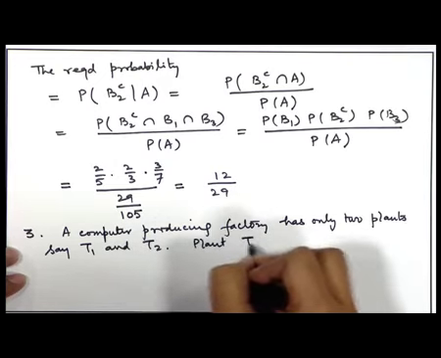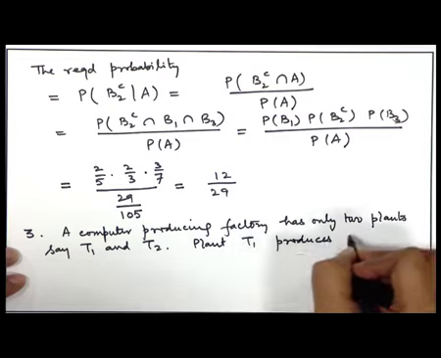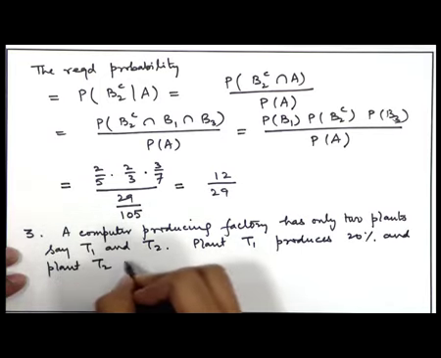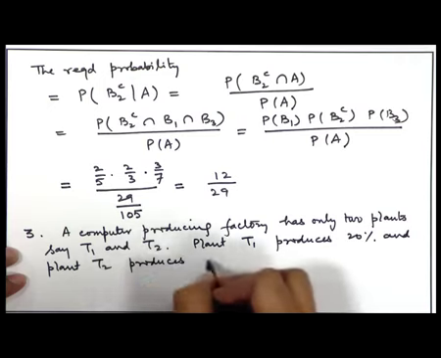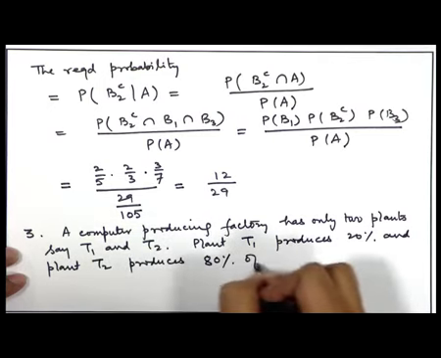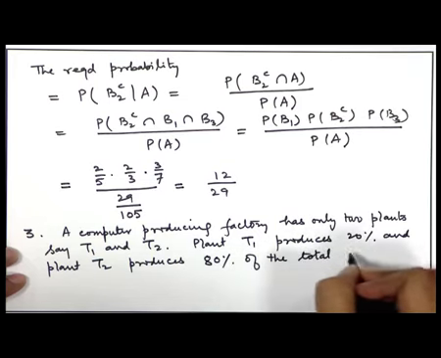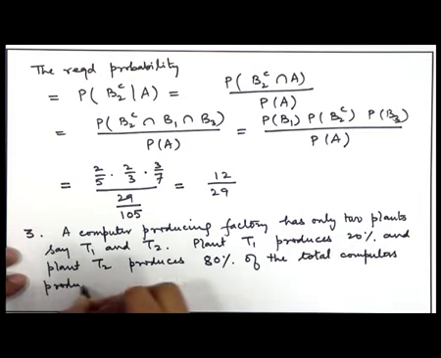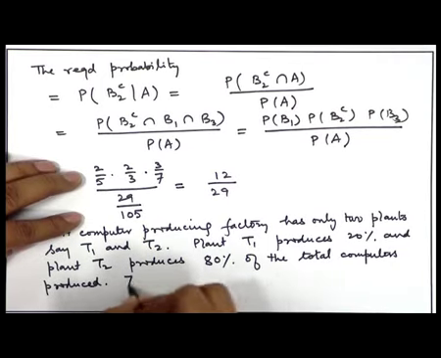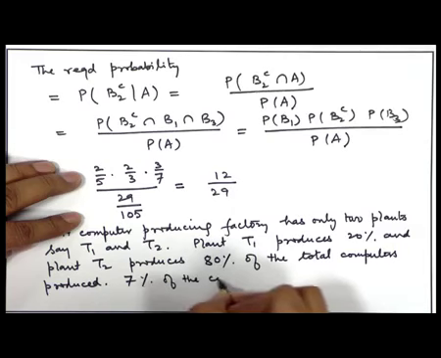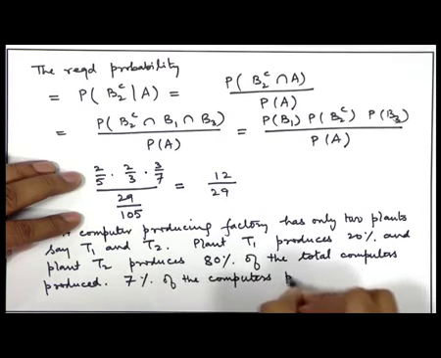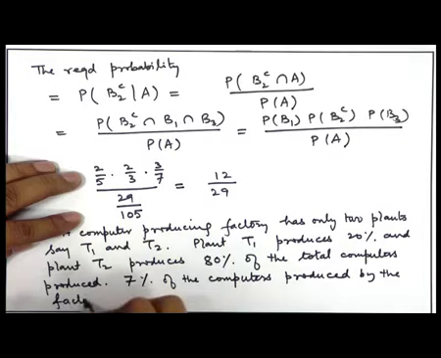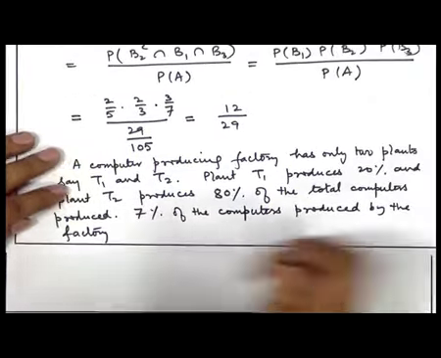Plant T1 produces 20% and plant T2 produces 80% of the total computers produced. 7% of the computers produced by the factory turn out to be defective.